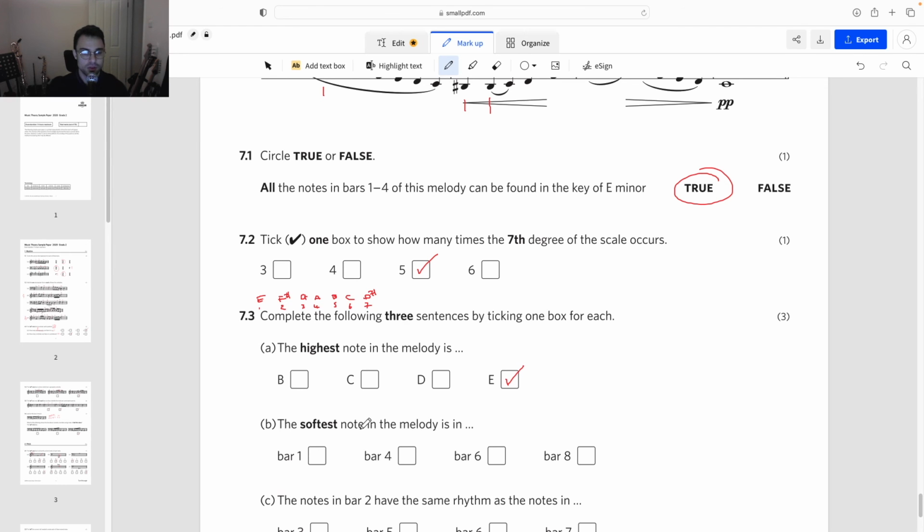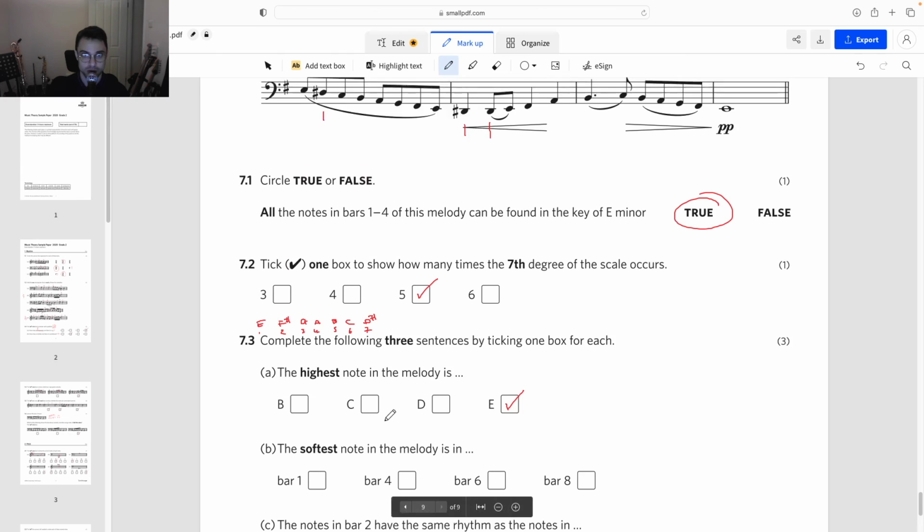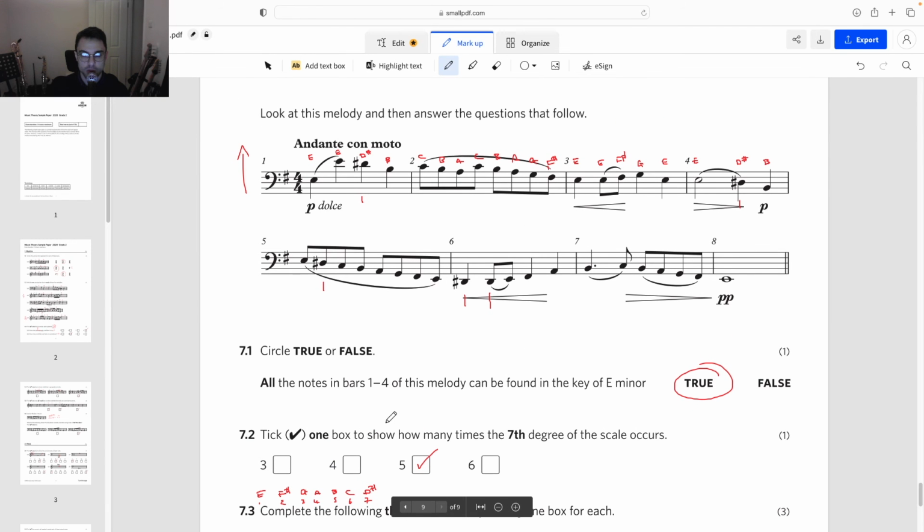The softest note in the melody is in bar 1, bar 4, bar 6, or bar 8. Okay, so the softest notes. They're asking us about the dynamics. So we want to start looking for dynamic markings. Here's one, right? Piano, dolce, that means sweet, remember.